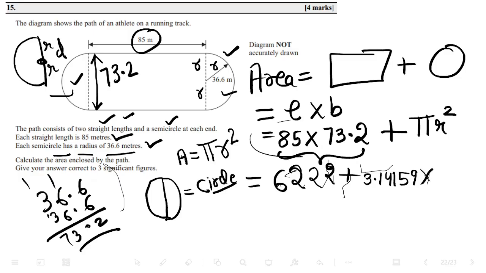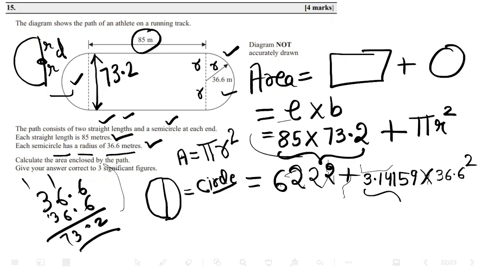After that, what is exactly happening? The radius is already 36.6 and raised to the power of 2, right? Okay, now the real challenge. I am writing it directly.